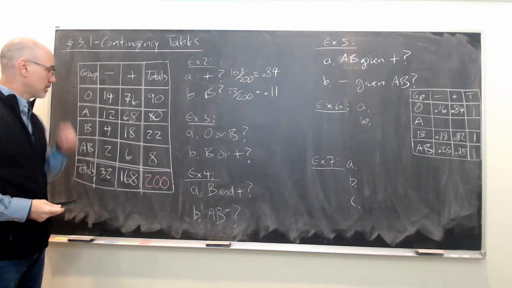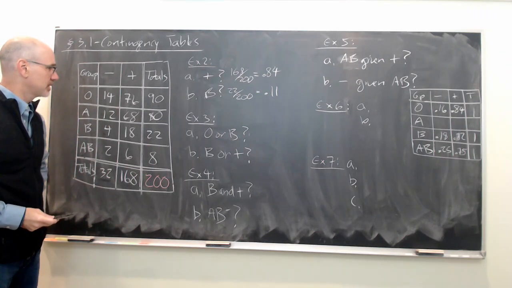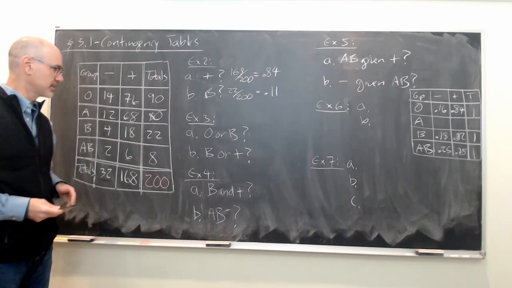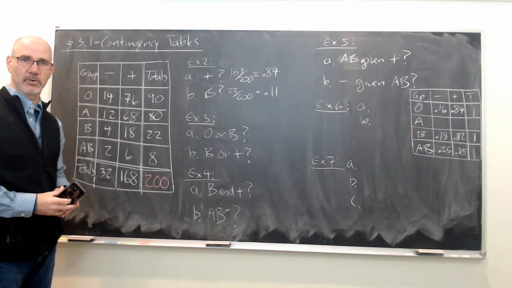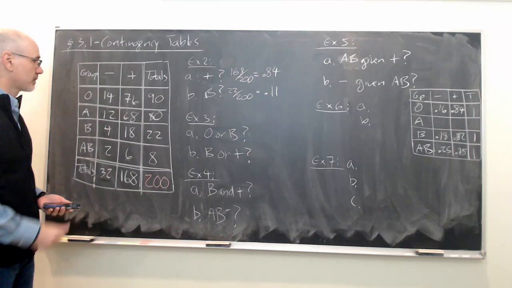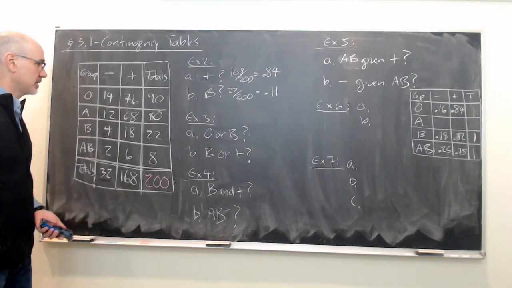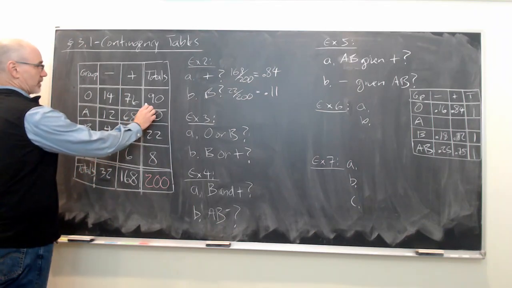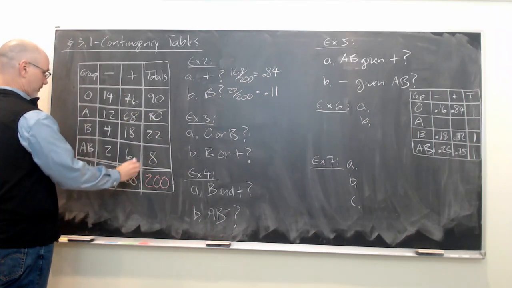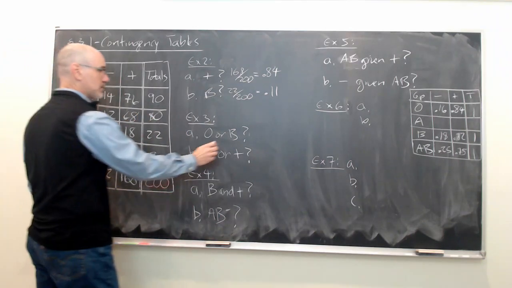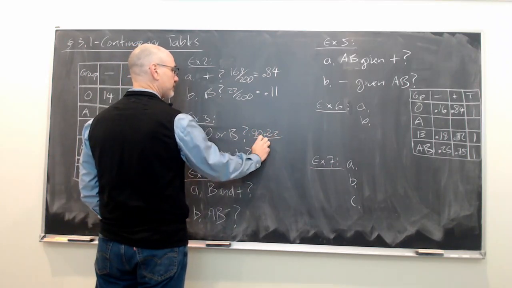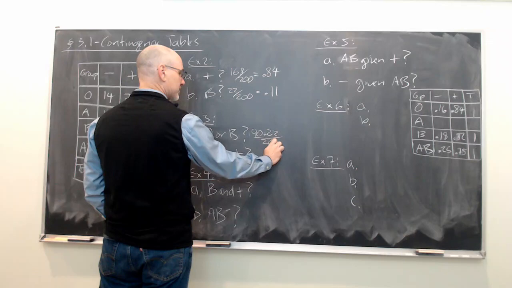All right, the next example involves using the word or, and there is one thing you have to be a little careful about when you're dealing with or percentages. This first one is the percent of folks that are O or B. We have 90 that are O, 22 that are B. So that's 90 plus 22 out of the total of 200.